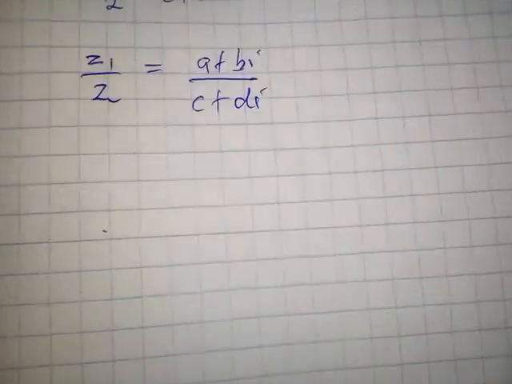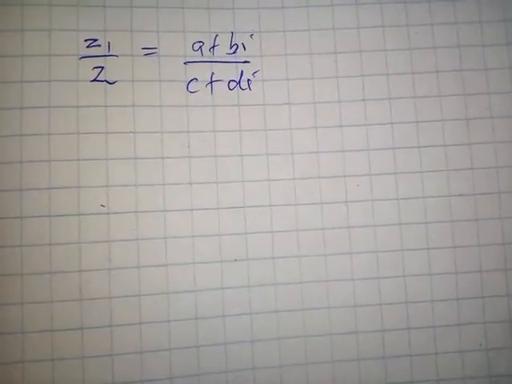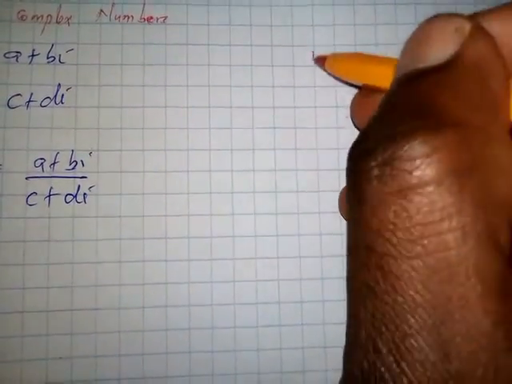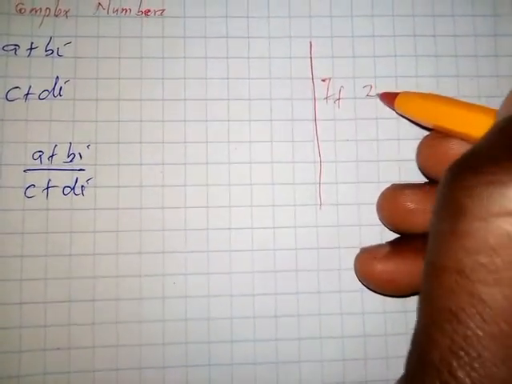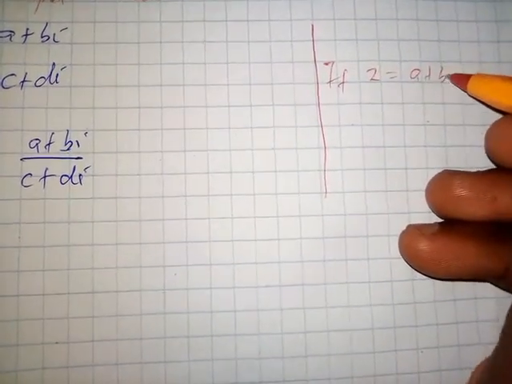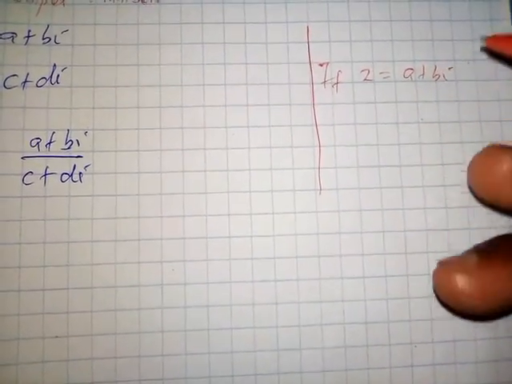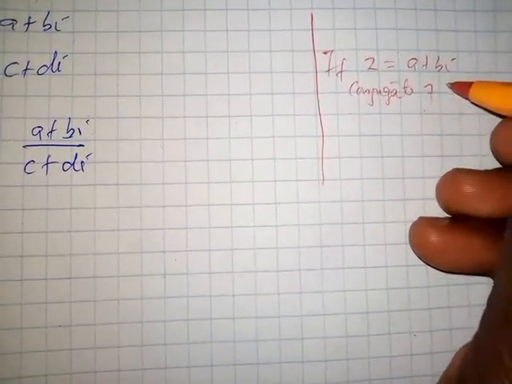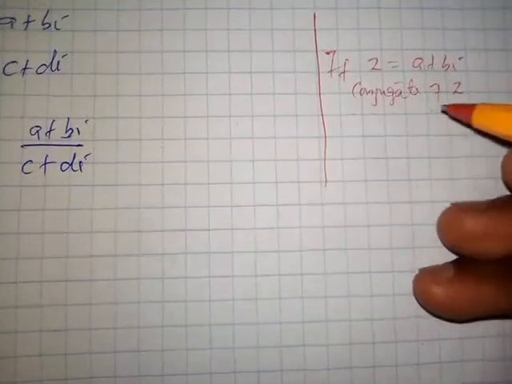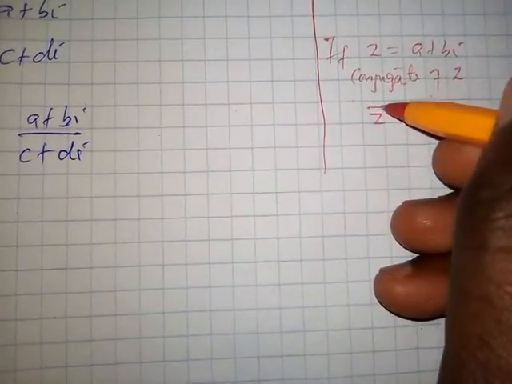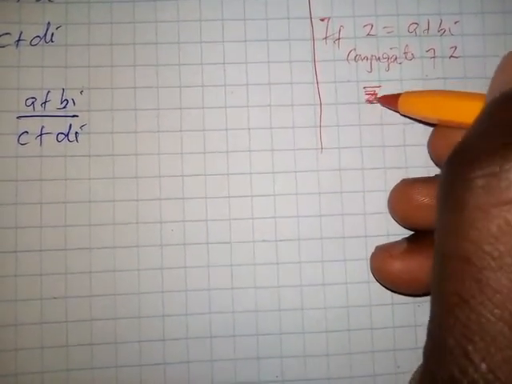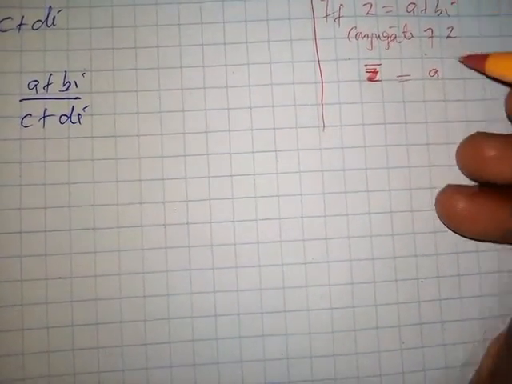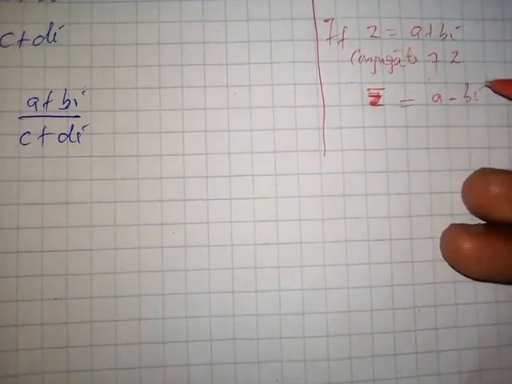When I say the conjugate, I mean, for example, if z is equal to a plus bi, the conjugate of z is written as z bar, which is equal to a minus bi.